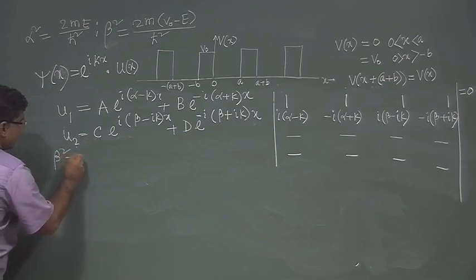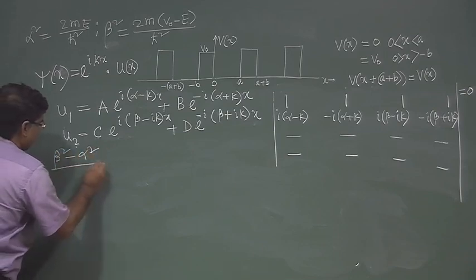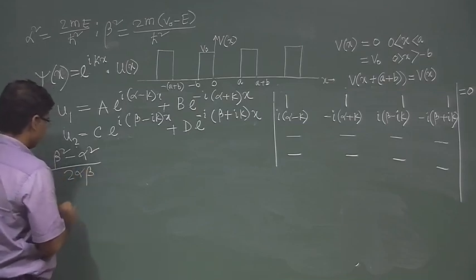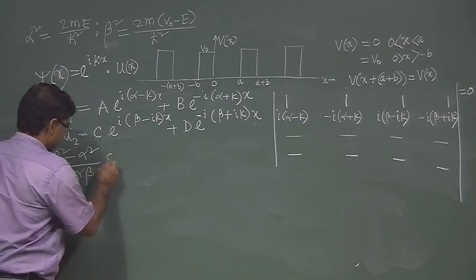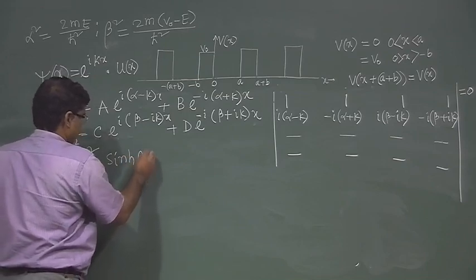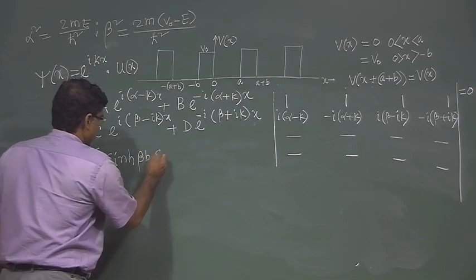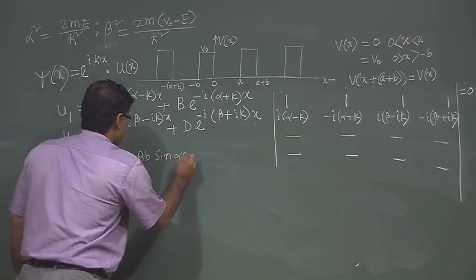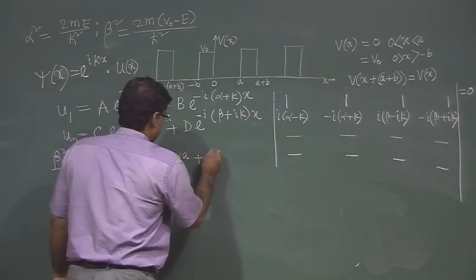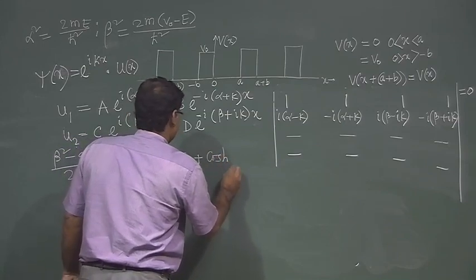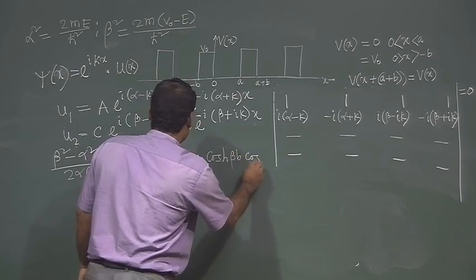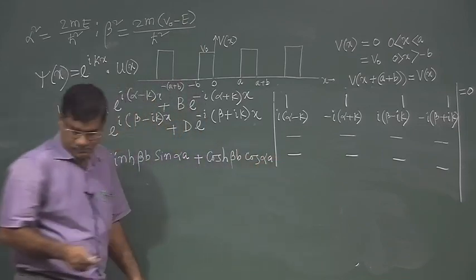beta square minus alpha square by 2 alpha beta, sin hyperbolic beta b sin alpha a, plus cos hyperbolic beta b cos alpha a. Okay.